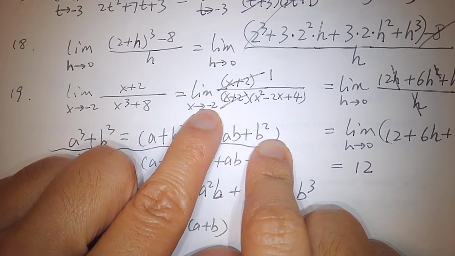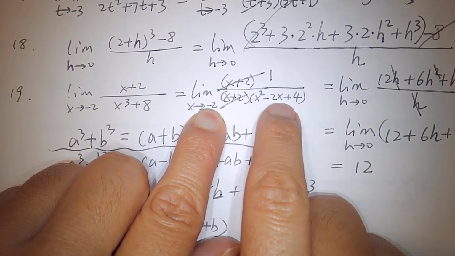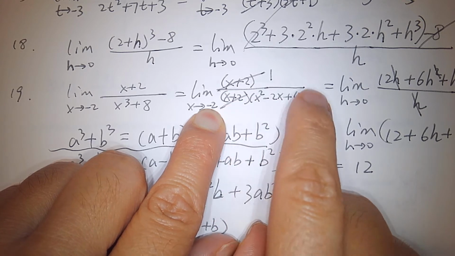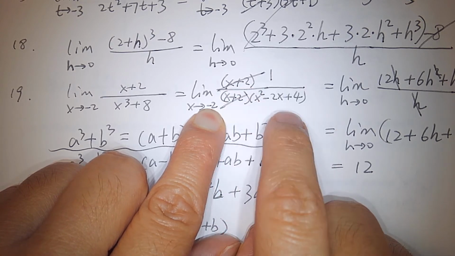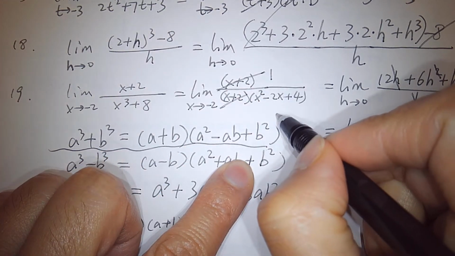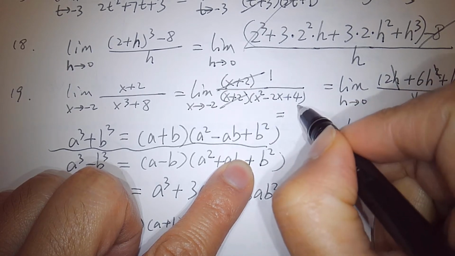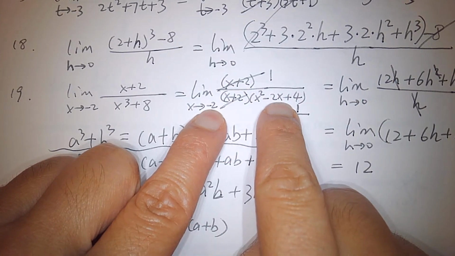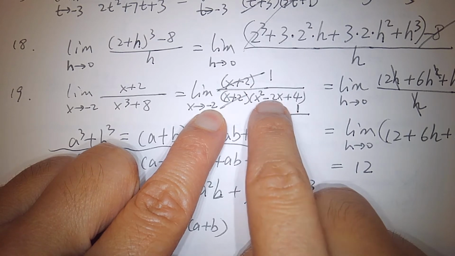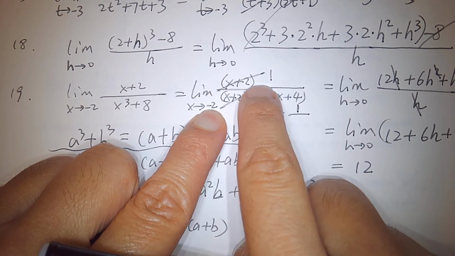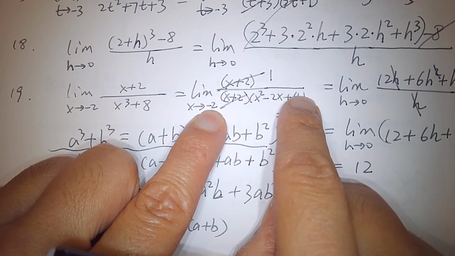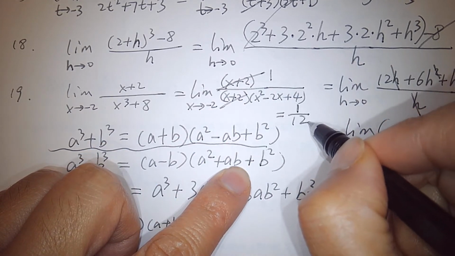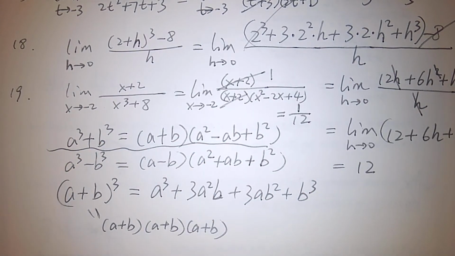And then when x approaches negative 2, okay, it will not make the denominator equal 0, right? So what do you have in your denominator eventually? When x equals negative 2, negative 2 times negative 2, positive 4, plus positive 4, and plus positive 4. So eventually we get a 12. So the answer is 1/12.